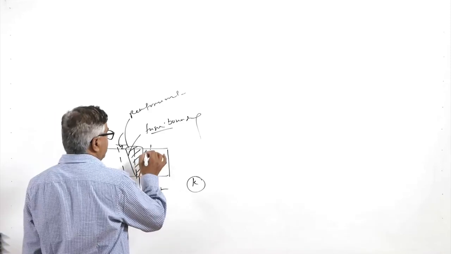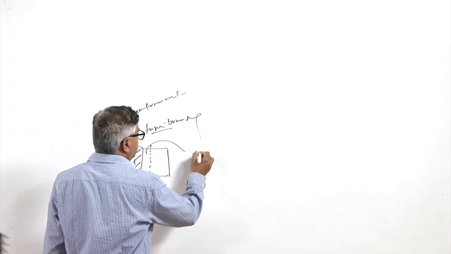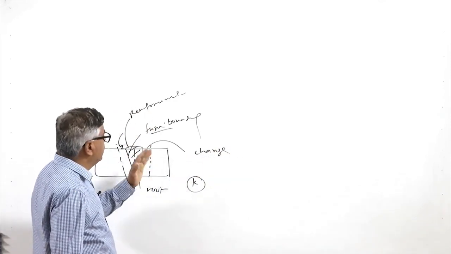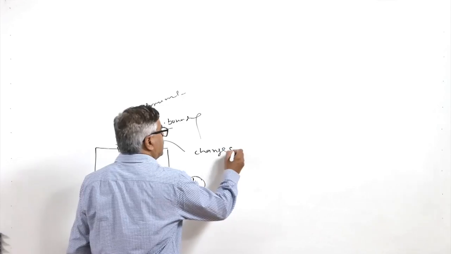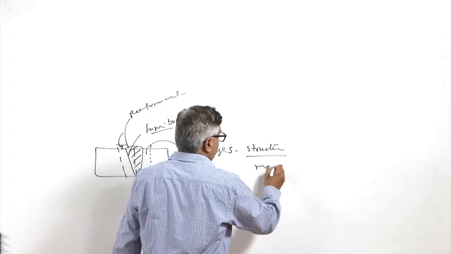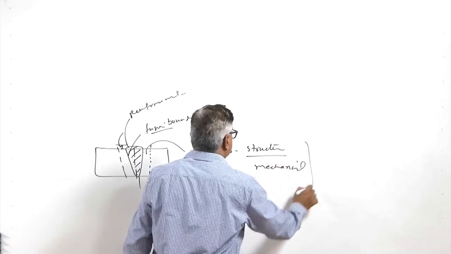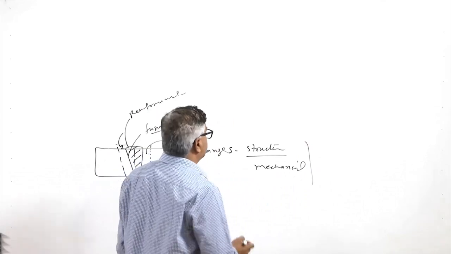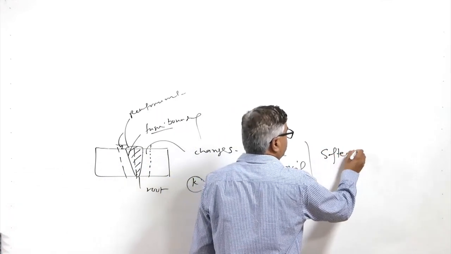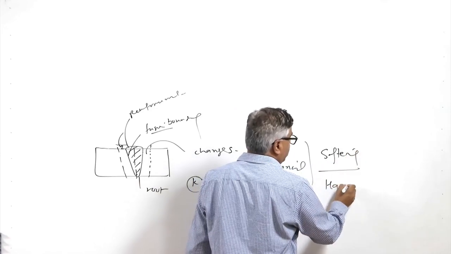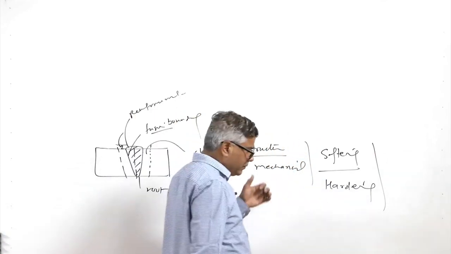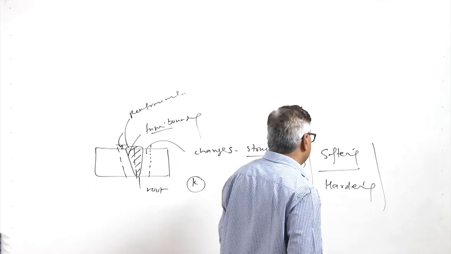So, this rise in temperature actually changes the region near the fusion boundary, which experiences changes in terms of the microstructure of the metal and the mechanical properties. There is no particular pattern in which the structure and the mechanical properties will be affected. Sometimes it causes the softening of the metal, or it may also lead to hardening. So, depending upon the kind of metal systems which are being welded, they may get hardened or they may get softened.